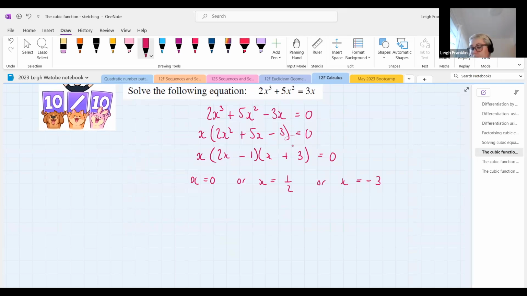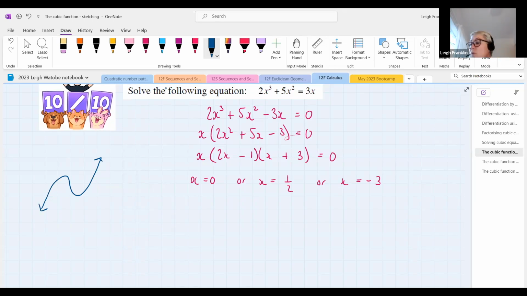So when you are solving a cubic equation, it can have 3 solutions like this, or it can have 2 solutions, or it can have 1 solution. We're going to speak about the shape of the cubic function tonight, but cubic functions can be shaped like this.